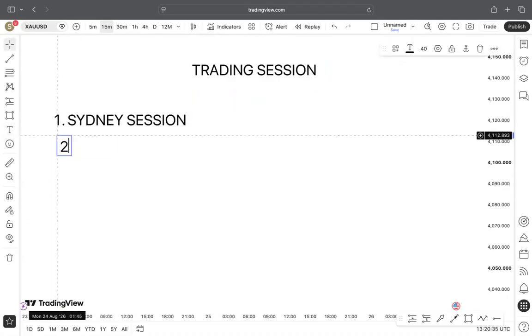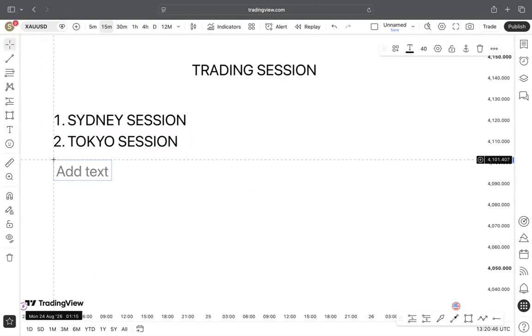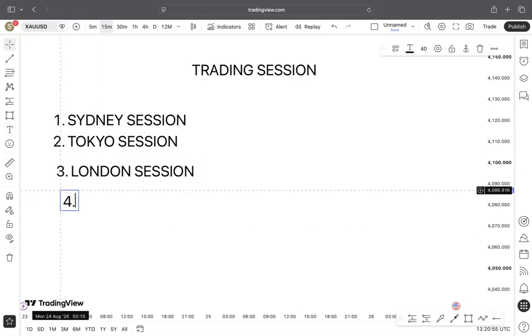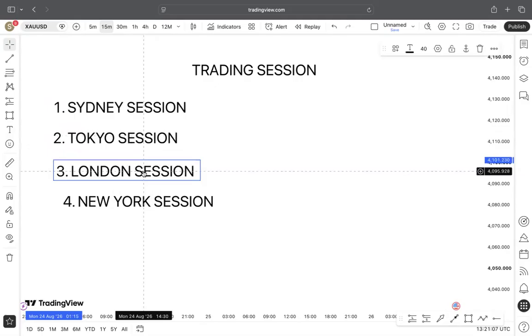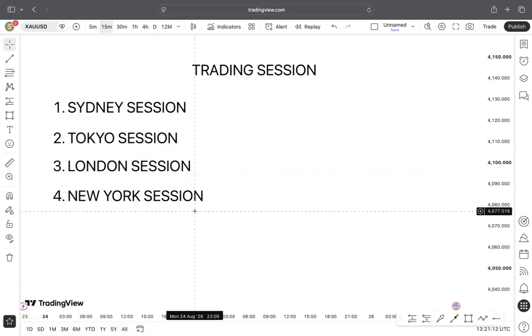Then the second one, the Tokyo session, which is also known as the Asia session. Then the third one, the London session. And the last session is the New York session.